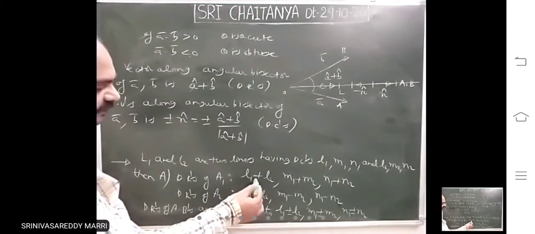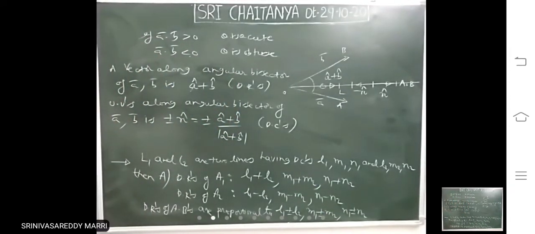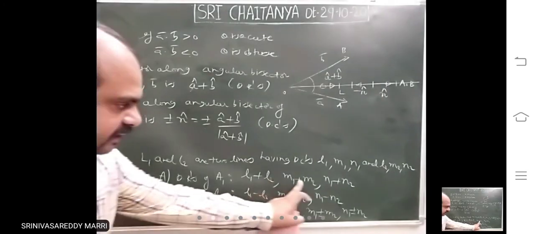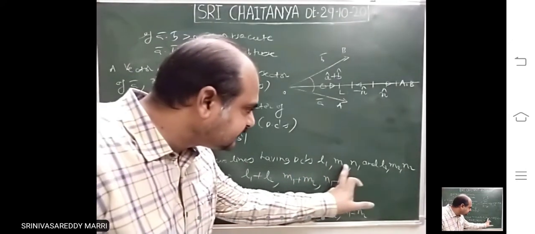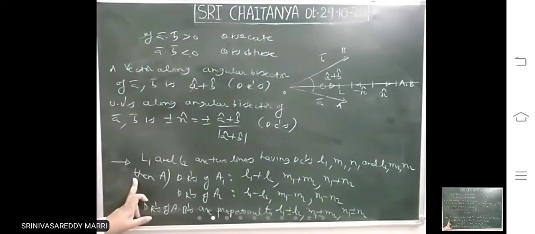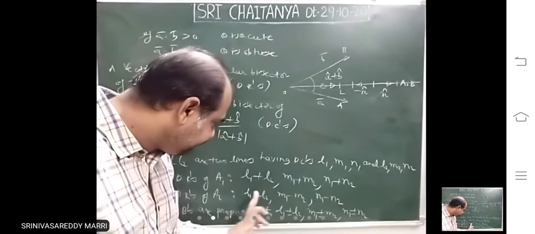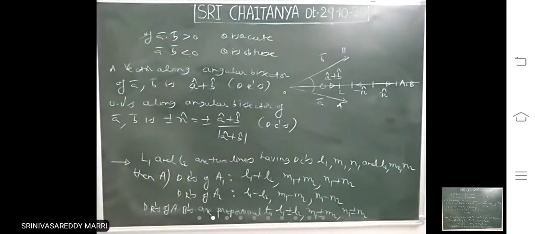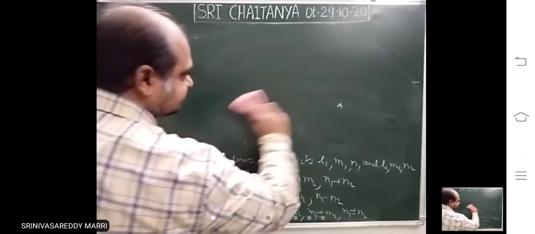That means they will be proportional to either this or this. So whenever two lines are there whose DCs are given, and you have to calculate DRs of angular bisectors, you write for one angular bisector this formula and for the other angular bisector this formula. Both will be the answers. That is how to calculate DRs.